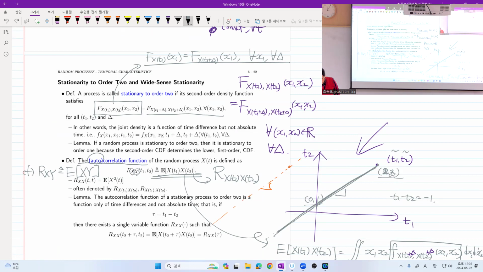And on this line, what kind of commonality do we have? Due to the stationarity, this correlation does not change, right? What about on this line? The correlation does not change. But these two correlation values may be different. Got it?